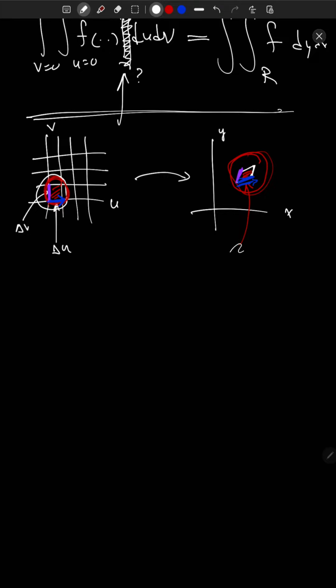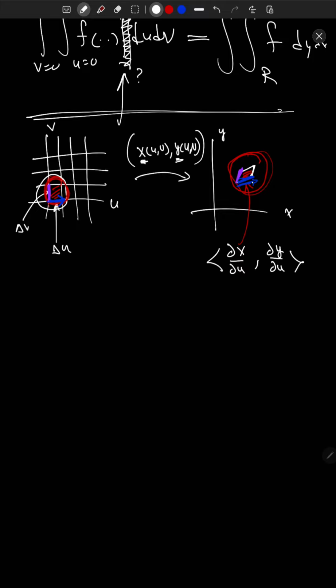Then you'll see that this vector right there is going to be, I'm calling this x of uv, comma y of uv, so I'm thinking of x and y as the names of my functions. So I can say dx du, comma dy du as a vector.